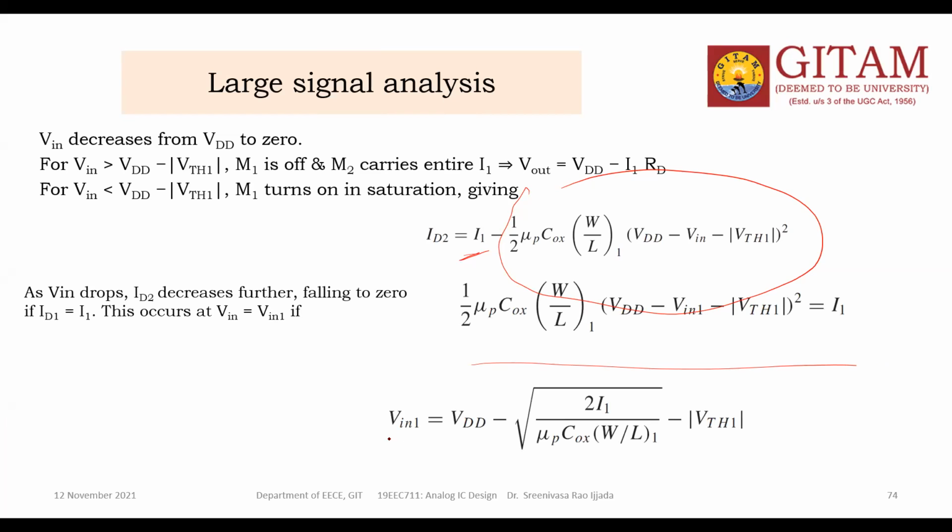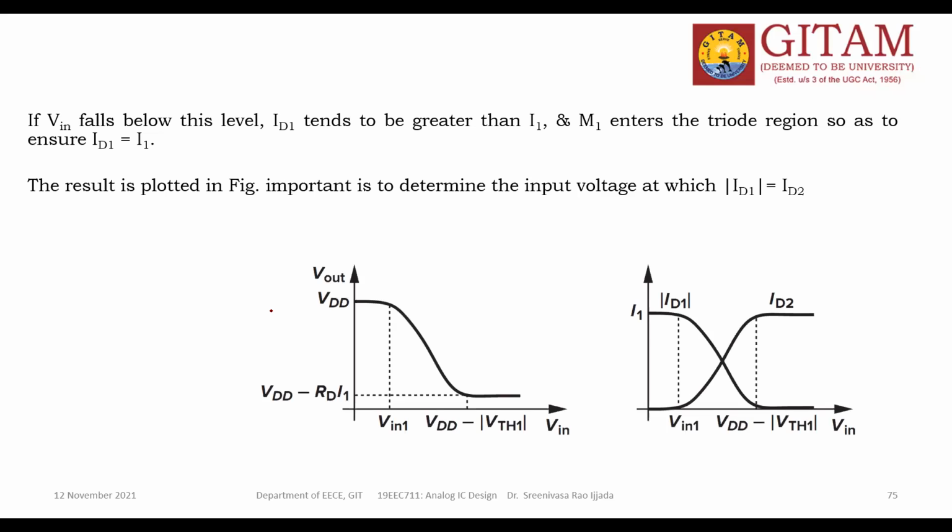Now I am going to calculate Vn1. Vn1 is the input voltage where this situation will happen, VDD minus this one. From this picture I can explain: this is the input voltage versus the current.